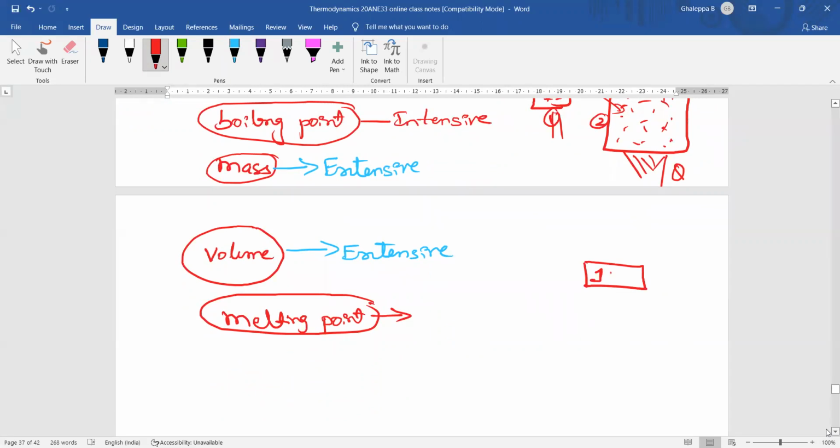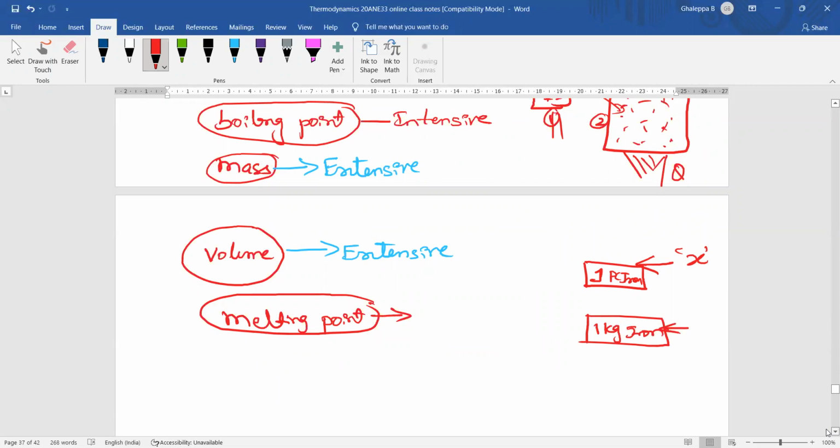Okay, I will give one piece of iron. How much is the melting point of iron? Approximately some temperature x is the melting point of one piece of iron. Similarly, I will give 1 kg of iron. The melting point temperature will not change, no?